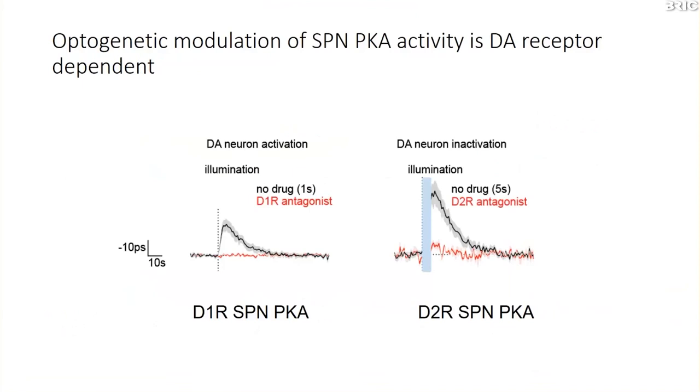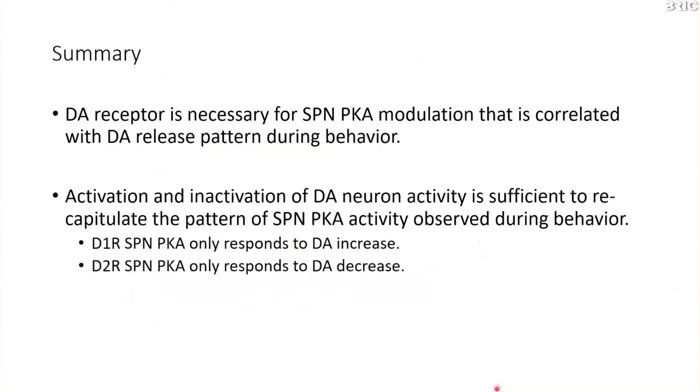Furthermore, we confirmed that this optogenetic perturbation indeed was dopamine receptor dependent by pretreating the animals with either D1 receptor or D2 receptor antagonist. In both cases, the receptor antagonist was able to remove the PKA activity modulation for D1 receptor SPNs and D2 receptor SPNs. So in summary, I have shown that dopamine receptor is necessary for SPN PKA modulation that is correlated with dopamine release pattern during behavior.